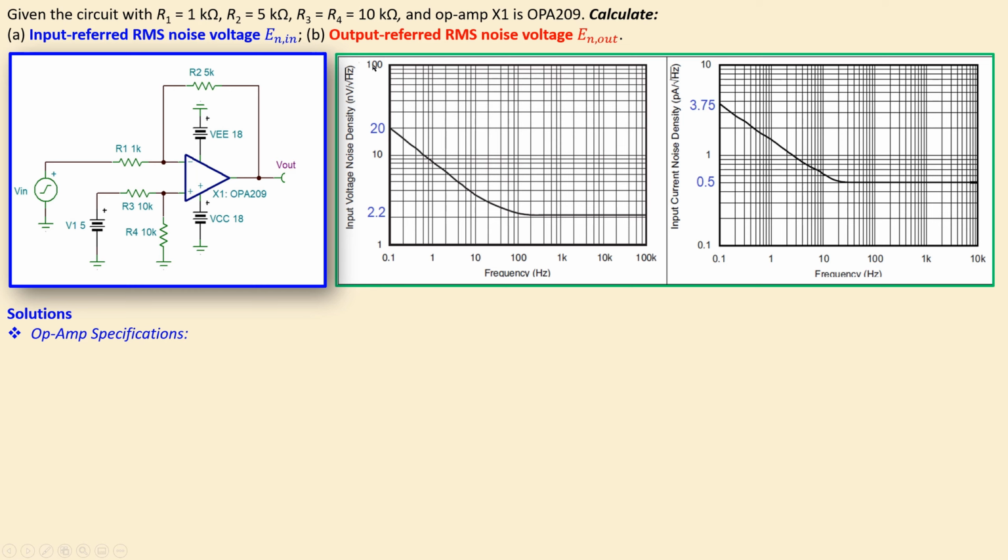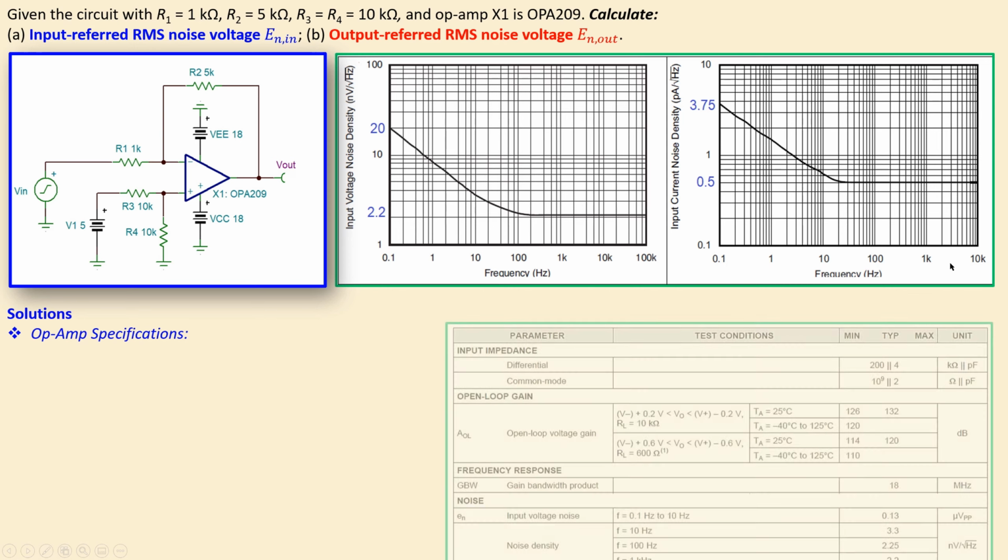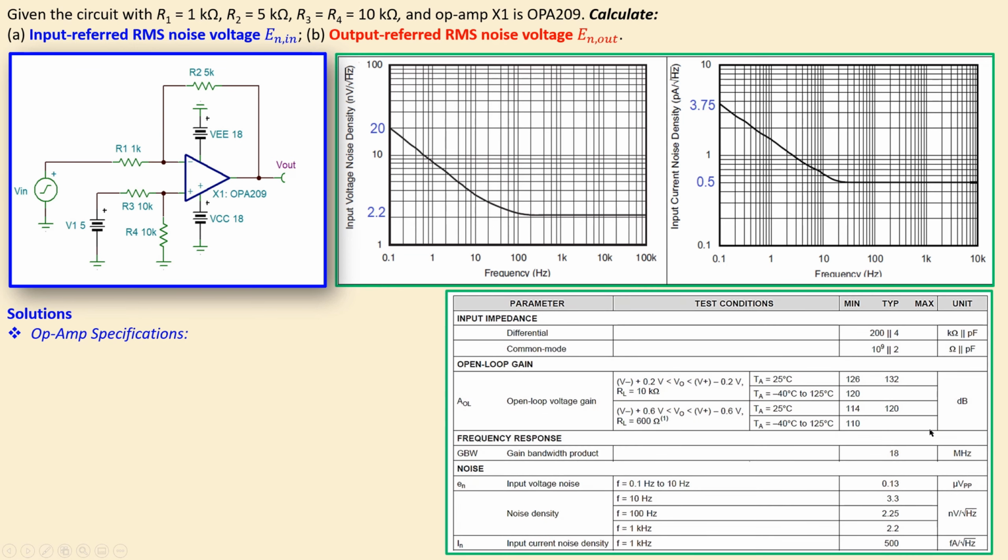Now you can see the op-amp has the noise voltage spectral density on the y-axis as a function of the frequency, which is also valid for the input noise current spectral density as a function of the frequency. In addition, you can see also these parameters. We will also use them to determine the input referred and the output referred RMS noise voltage for this circuit.